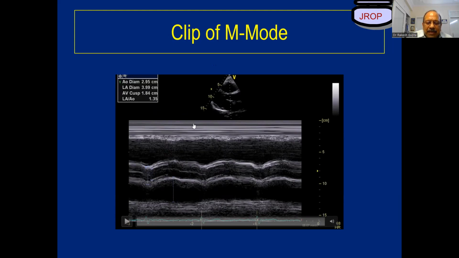What does it mean? It means that the valve is rectangular in shape. And if severe mitral regurgitation is present, this becomes triangular in shape. So that's how these things happen when we do M mode measurements across this particular phenomenon. I'll come down to that a little bit later on.